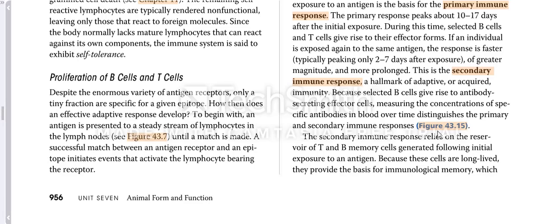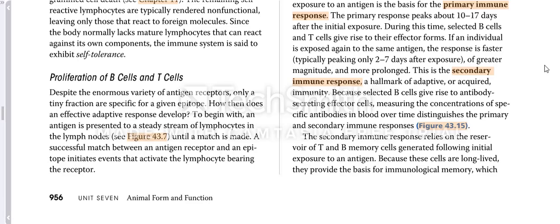Because B cells give rise to the antibodies, you can measure the concentrations of antibodies to distinguish between primary and secondary immune responses. See if you've had something before. It can be used for chickenpox and shingles. I know the book doesn't say that.